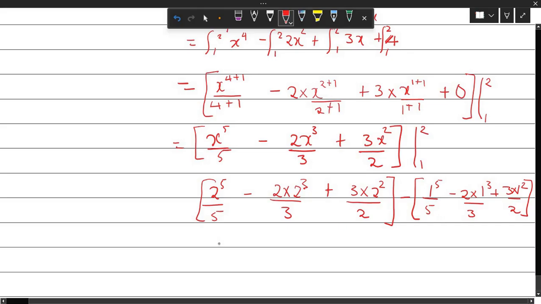Okay, so you further simplify now. This you can just calculate now.